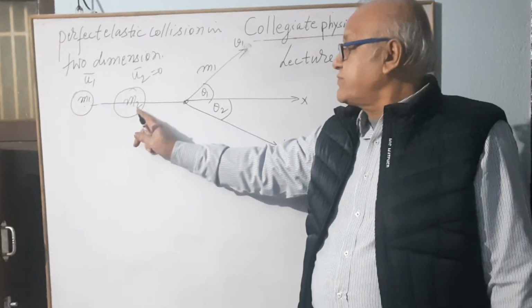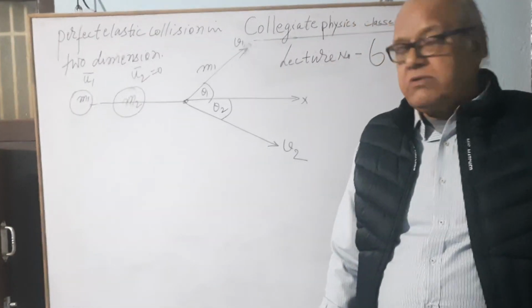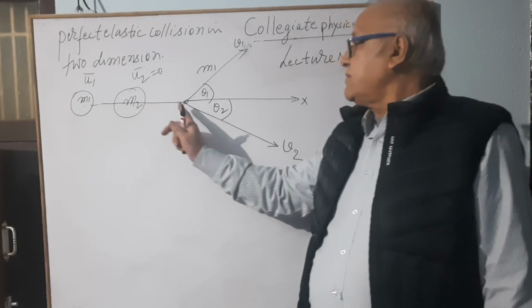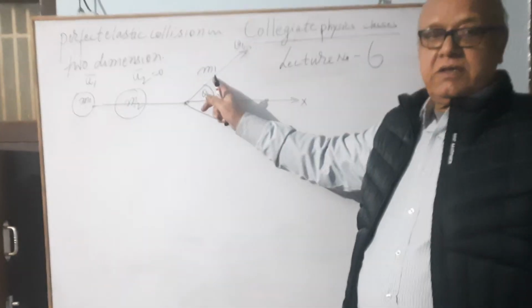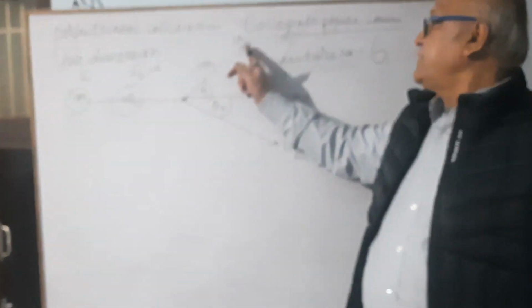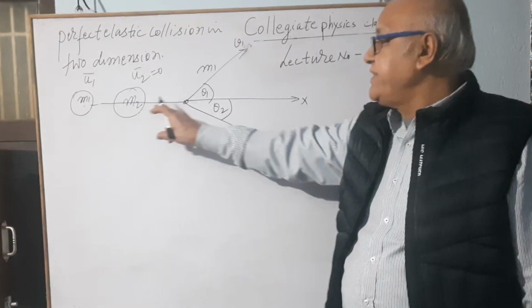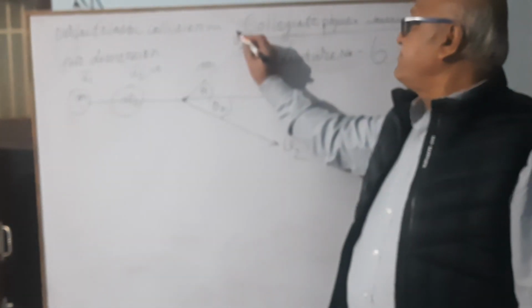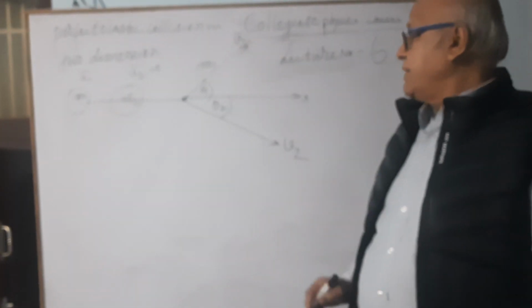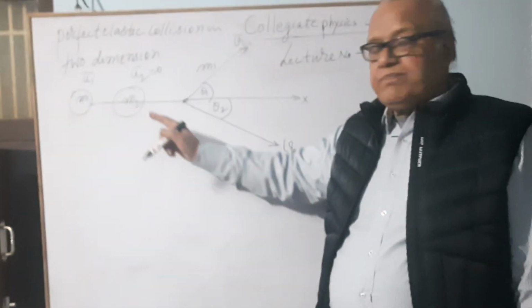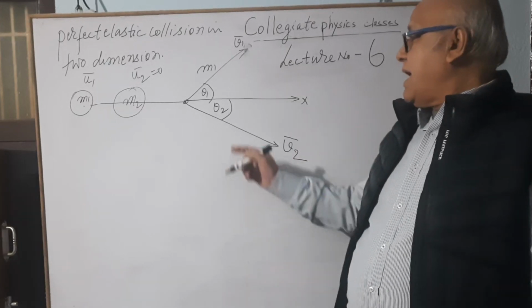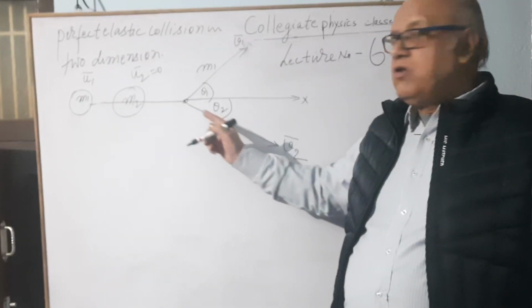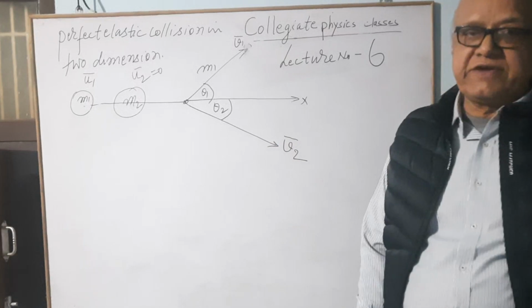This collision is not head-on collision. So after collision, this m1 body moves with velocity v1 at angle θ1 from the direction of x-axis. The second body m2 moves with velocity v2 at angle θ2 from the direction of x-axis.